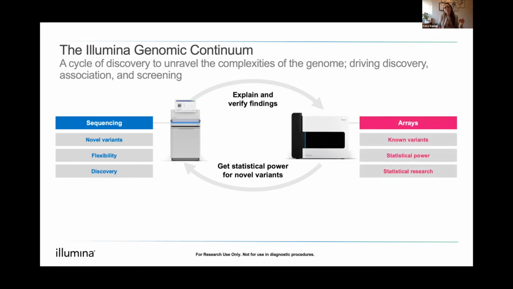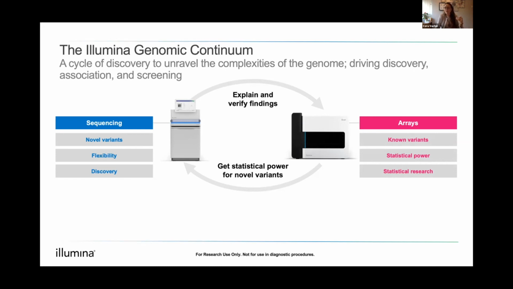However, if you're going to have a lot of samples, if you are cost conscious, if you have very tight time limits on how long you can take for your project, arrays are still a very cost-effective way to approach genomics.